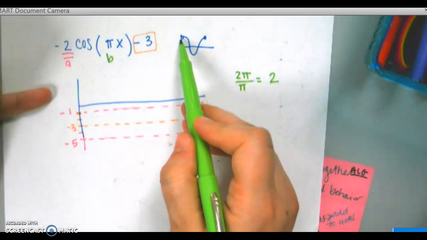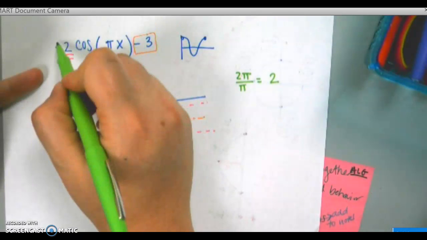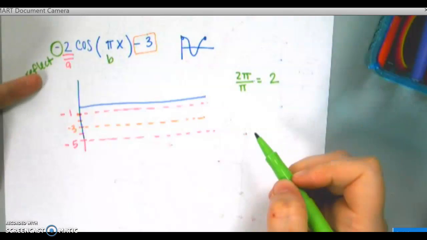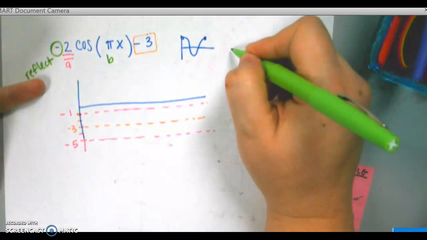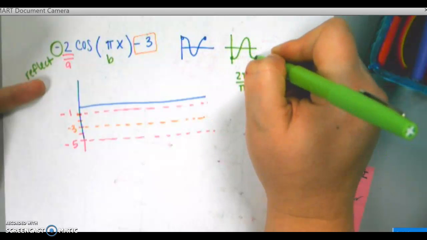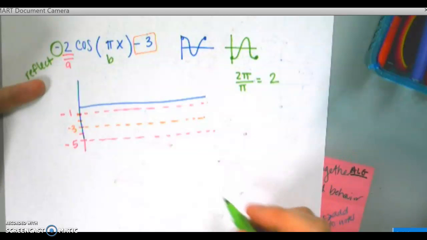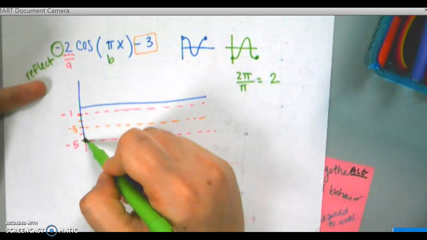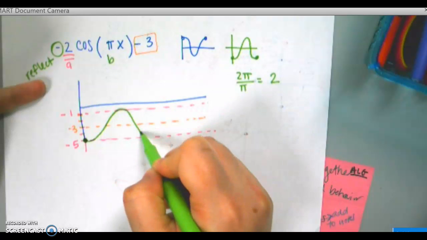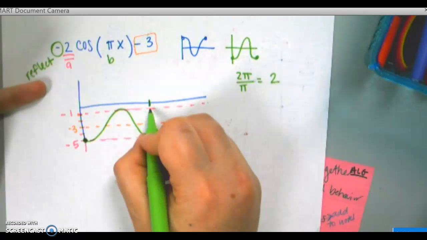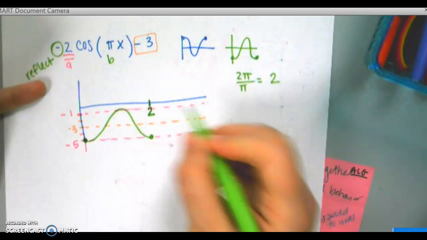So I know cosine starts at the maximum, but this negative sign means my graph is reflected, which means it's going to look like this. It's going to be upside down. So I'm going to go from the minimum all the way up, all the way down, and because my period is 2, this number on the x-axis would be 2.